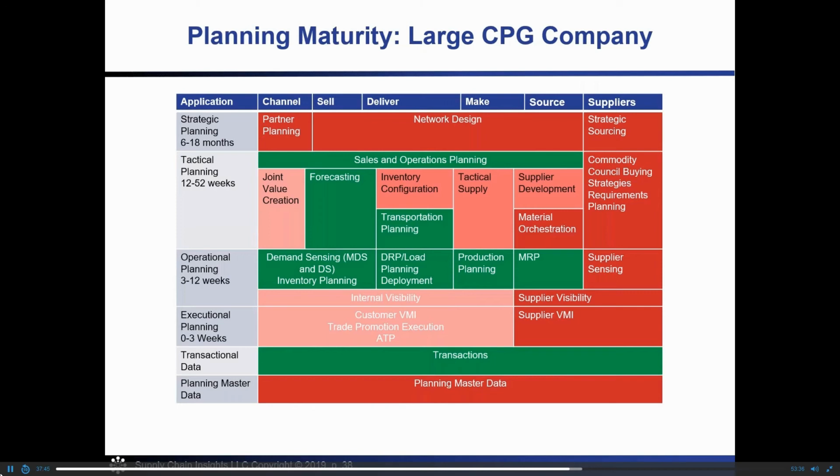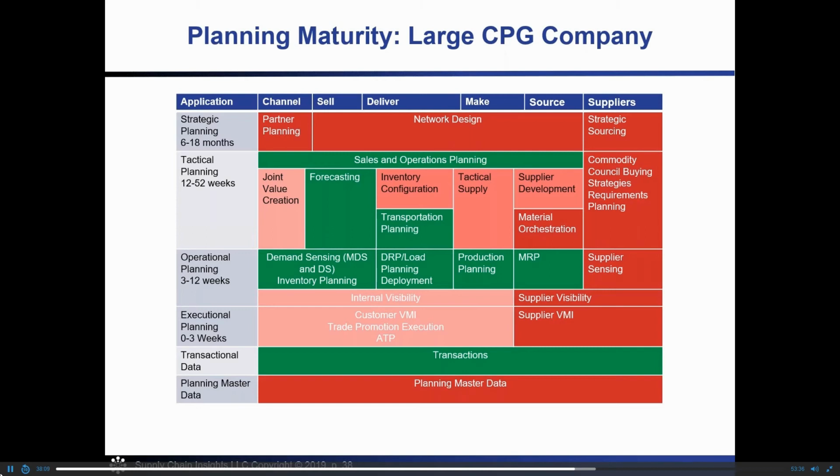Sometimes companies ask me to come in and look at their planning systems and say, how mature are they with planning systems? And there's a lot of, I think, poor research in the market that confuses people. But what you need to have is a clear vision of what your planning systems are.